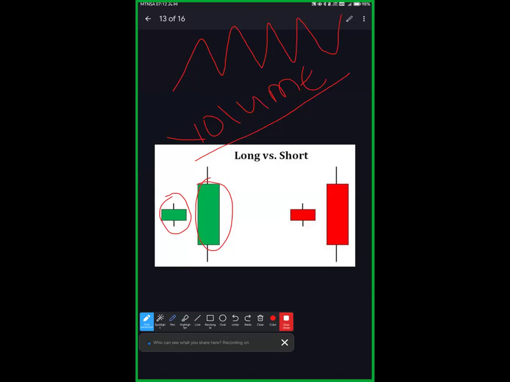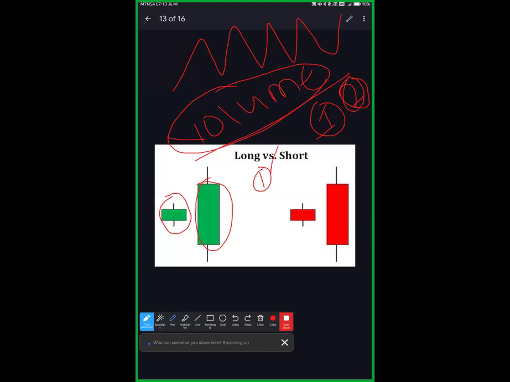To achieve a 1% or 2% take profit, it takes you hours, probably even days. Why? Because of volume in the market. For the price to fall or to rise, it is taking ages. That is because of volume.